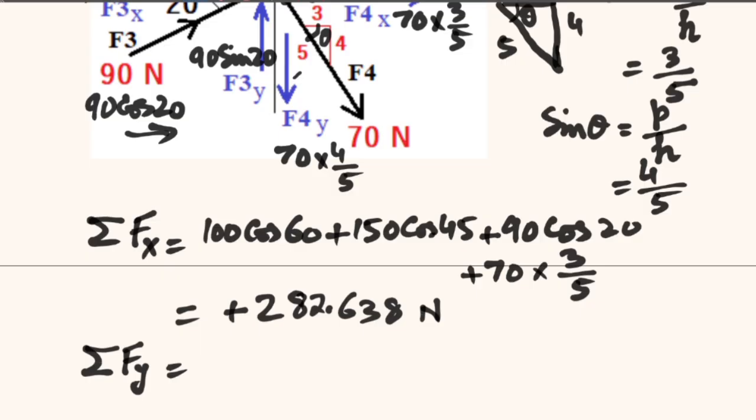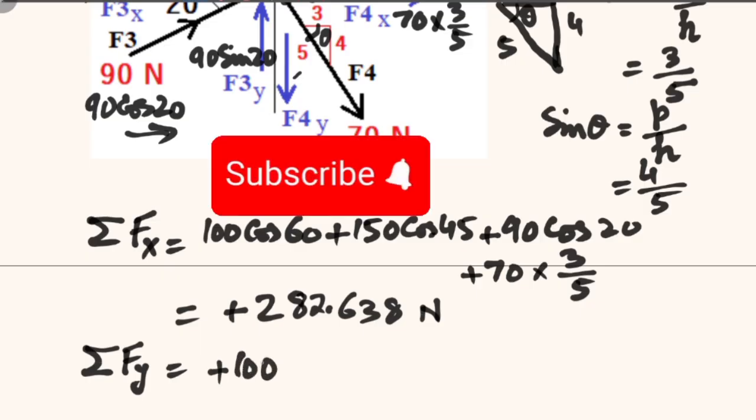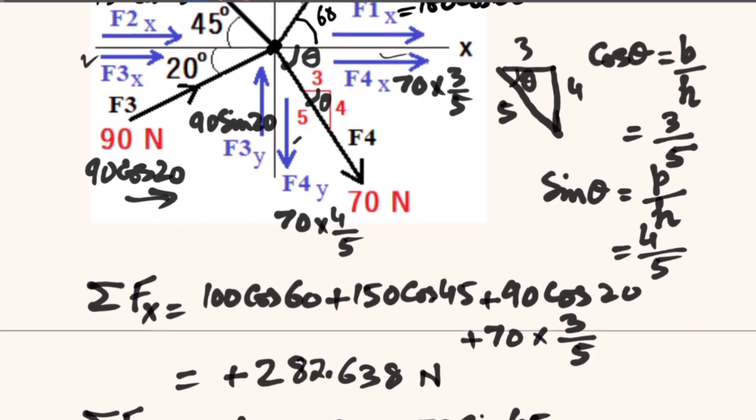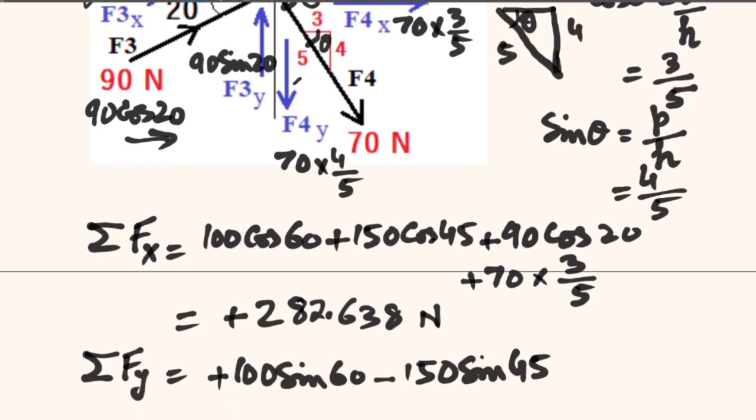So here we have sigma Fy, that is plus 100 sine 60, then minus 150 sine 45. Then we have this 90 Newton force, its y component is positive, so plus 90 sine 20.